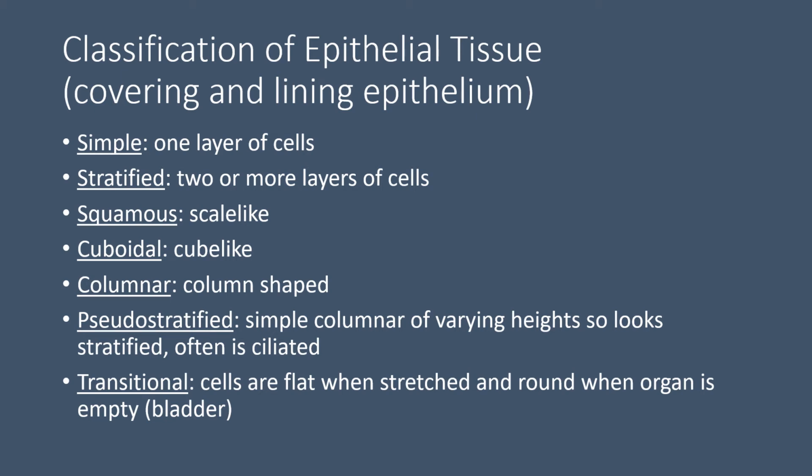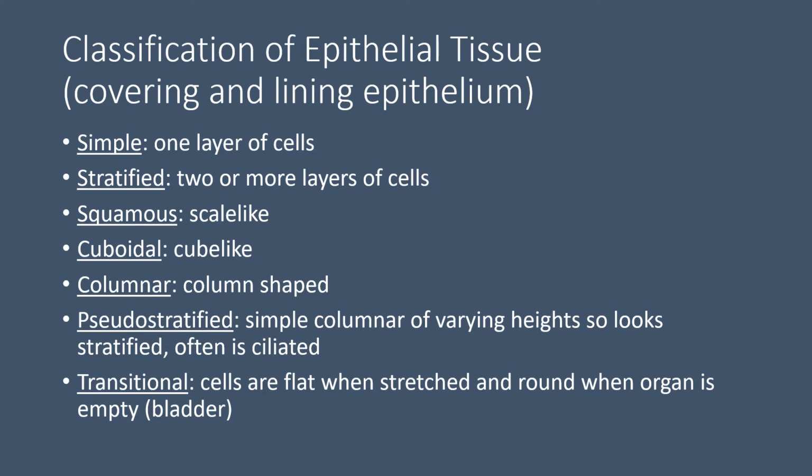So how do we classify epithelial tissue? You're going to be classifying it according to how many layers it has, whether it's a single layer or whether it's multi-layered. And then what do the cells look like? First, when we look at the layers, if it's only one layer thick, it is called simple epithelial tissue.